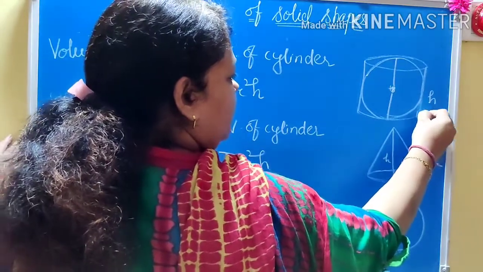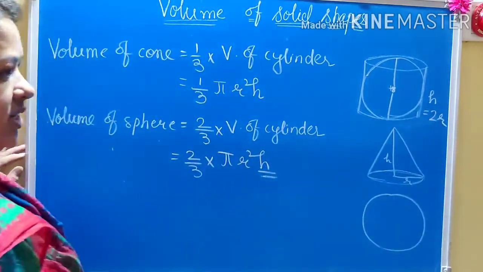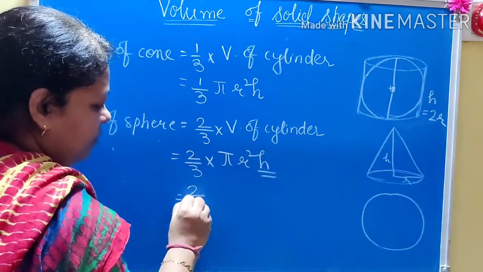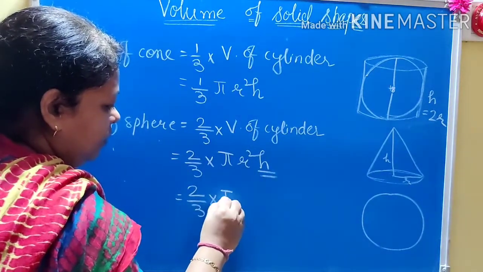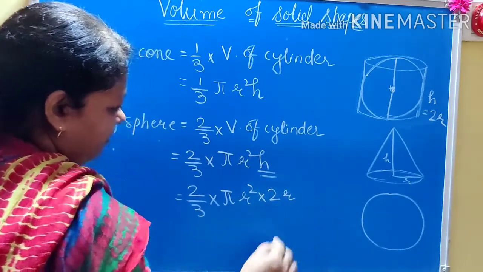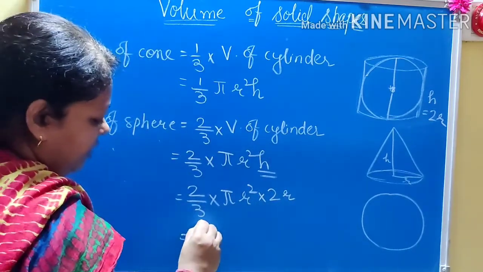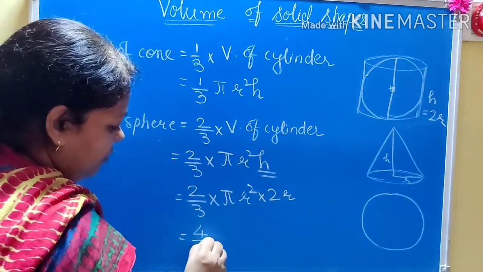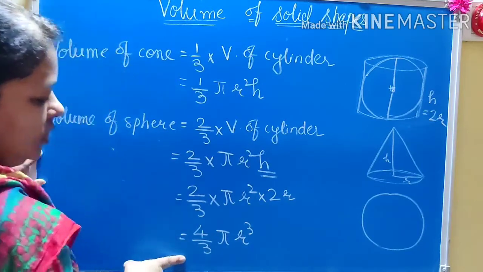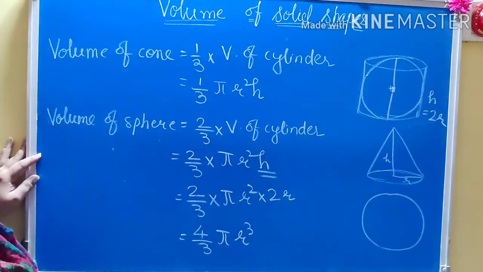So you can replace this h by twice the radius of that sphere. So h can be replaced by 2r. So it is 2/3 into pi r square into 2r. 2 twos are 4, so 4/3 pi r cube. This is the formula to find the volume of a sphere.